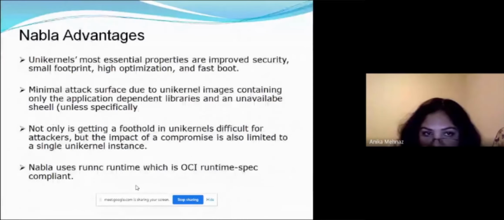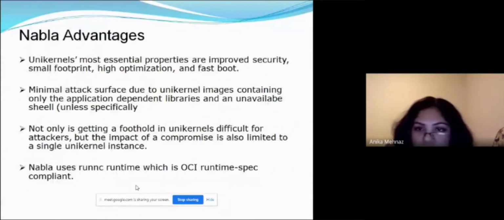So Nabla advantages are, unikernels' most essential properties are improved security, small footprint, high optimization, and fast boot. And minimal attack surface due to unikernel images containing only the application-dependent libraries and an unavailable shell, unless specifically mentioned.